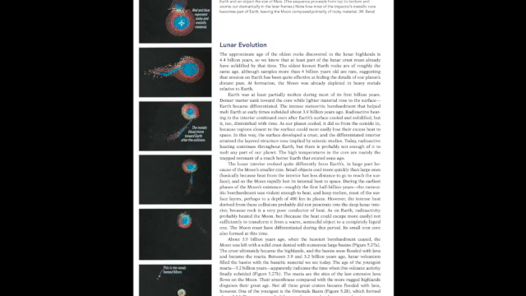One is considered to be the Earth, and the second is considered to be an object which is almost the size of Mars. This process was carried out billions of years ago.